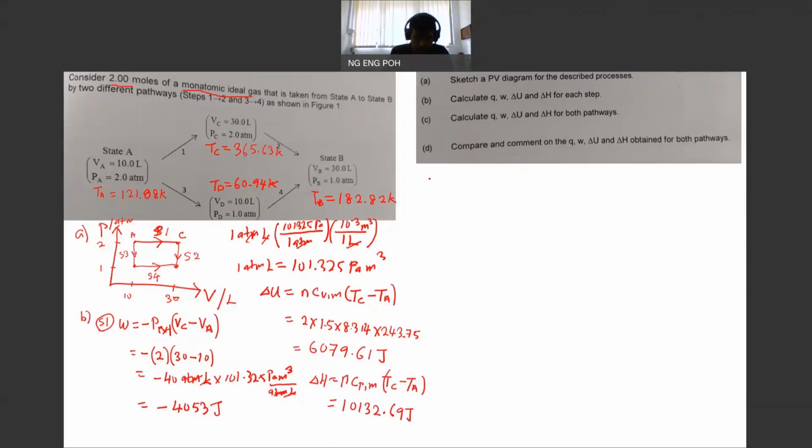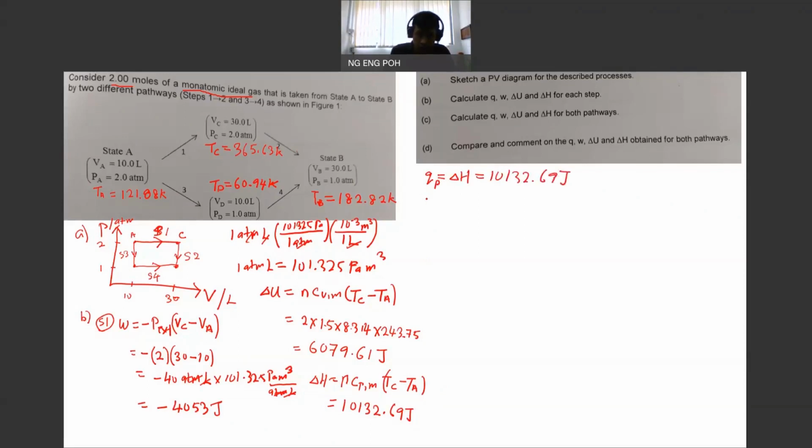Then you need to find out the Q. Since this is an isobaric process, you can use QP equals delta H, so this is 10132.69 joule.